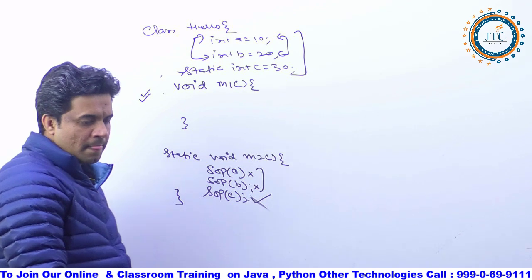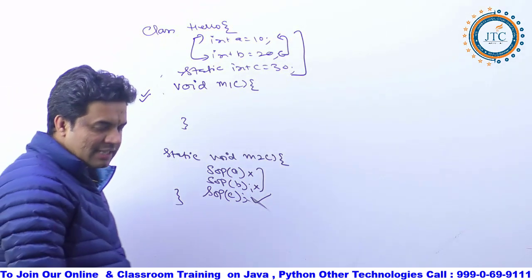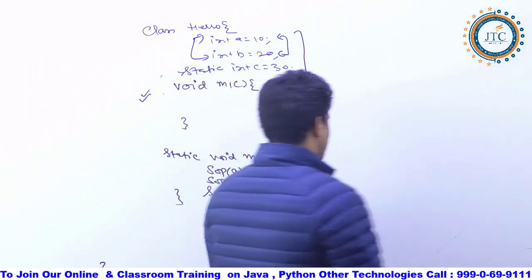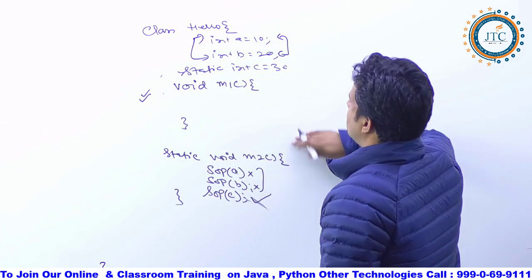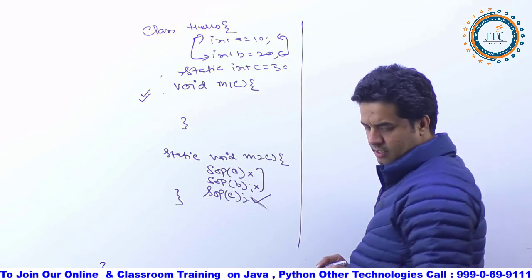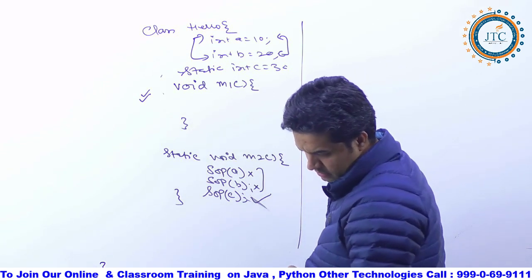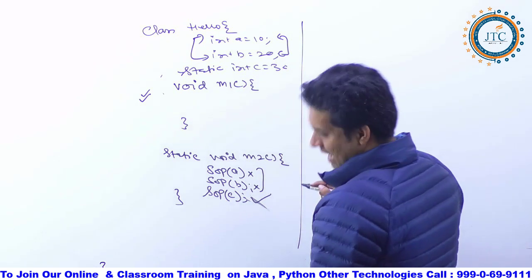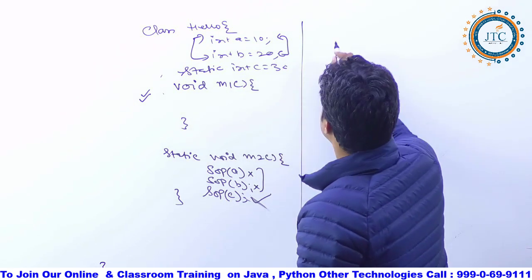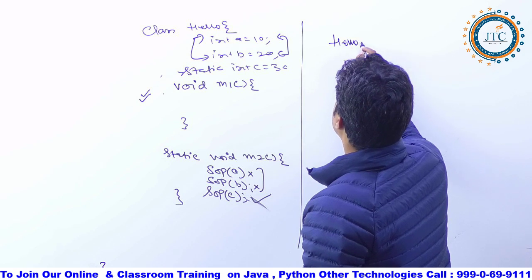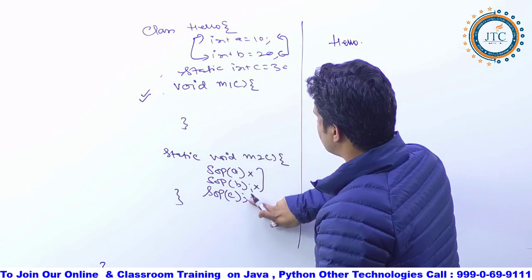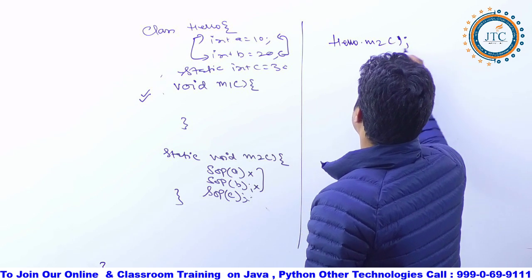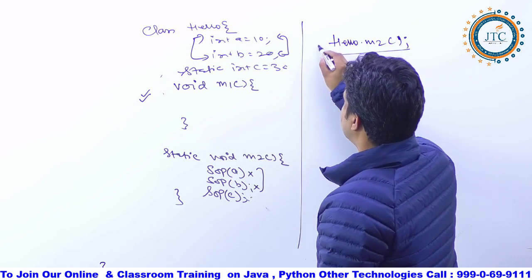Okay, now in this case itself, why are we not able to access it? Because a very simple thing is there. Understand it here. I am accessing this with Hello dot M2, calling it with the name of the class.